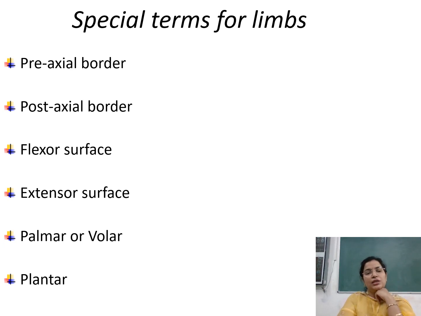The same terminology applies in the lower extremity: the plantar surface is the sole of the foot, and the front of the foot, what we see when we look down from above, opposite to the sole, is called the dorsum of the foot.